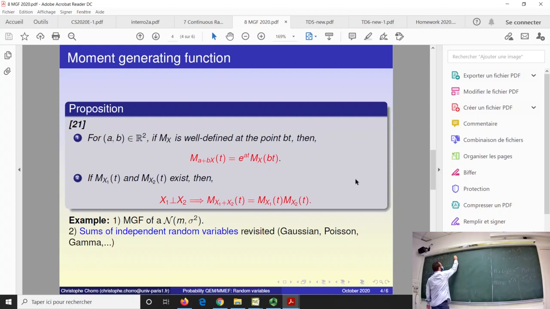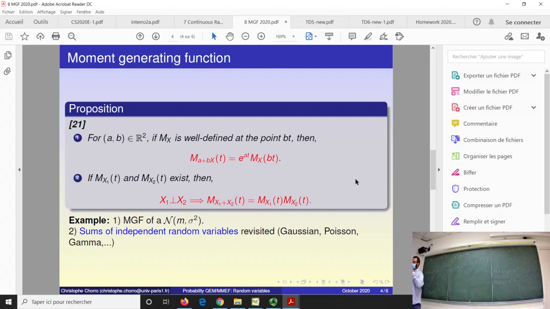So for the small 2 here, suppose that x1 and x2 are independent. If I am interested in the moment generating function of x1 plus x2 at the point t, by definition, it is the expectation of exponential t(x1 plus x2).